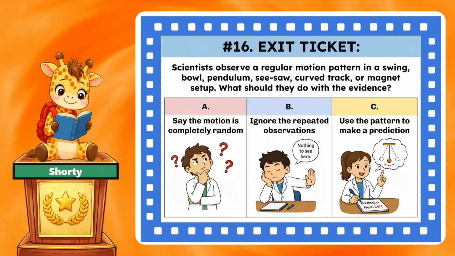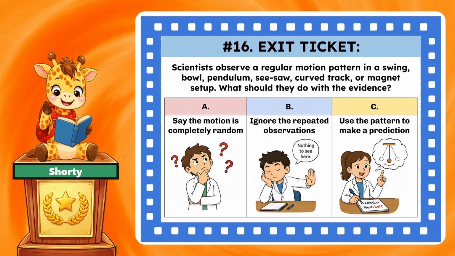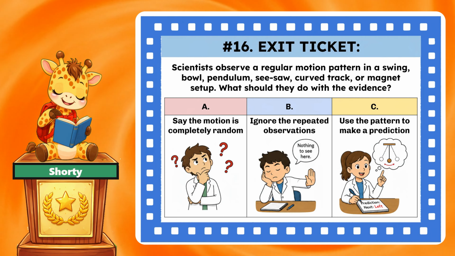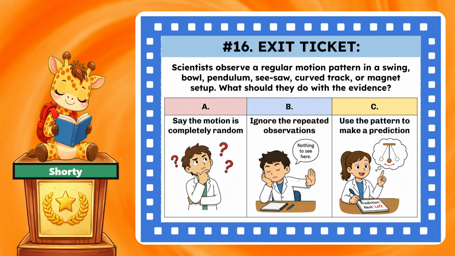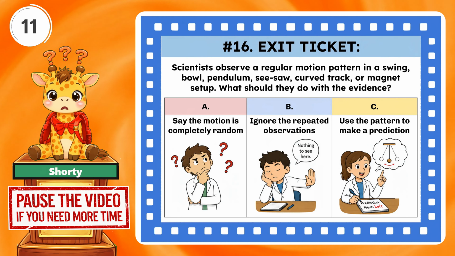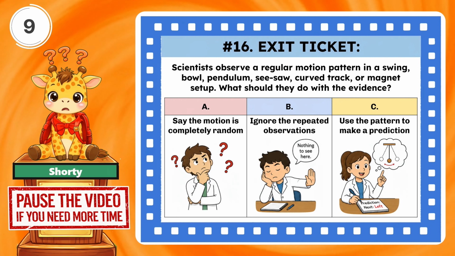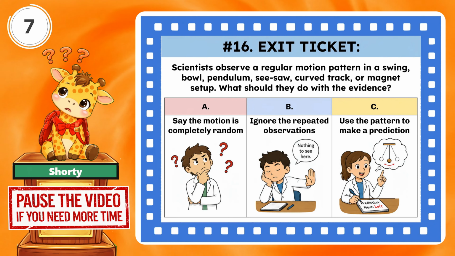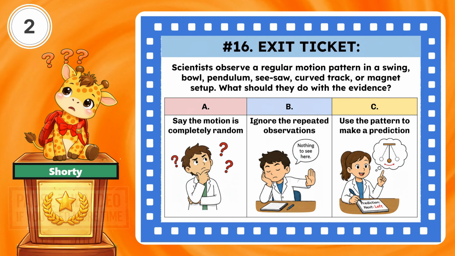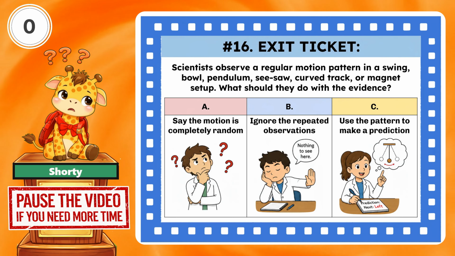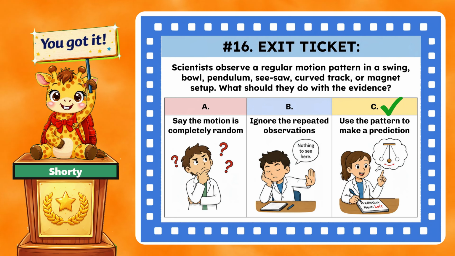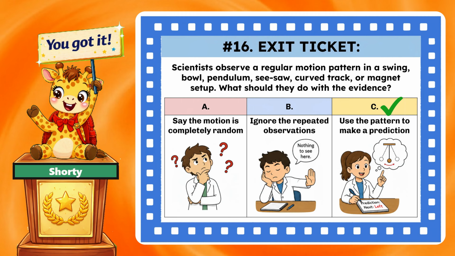Scientists observe a regular motion pattern in a swing, bowl, pendulum, seesaw, curved track, or magnet setup. What should they do with the evidence? And the correct answer is letter C. Use the pattern to make a prediction.